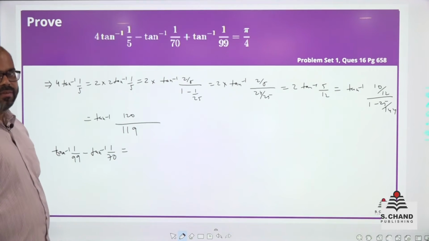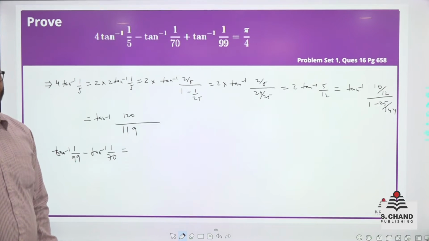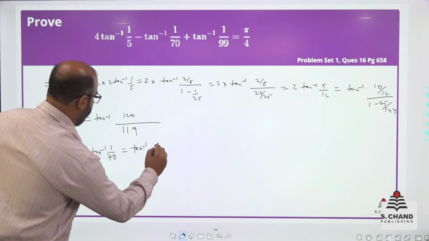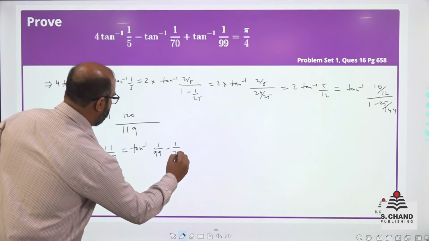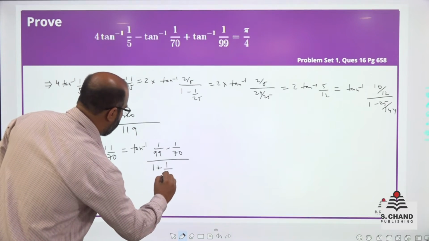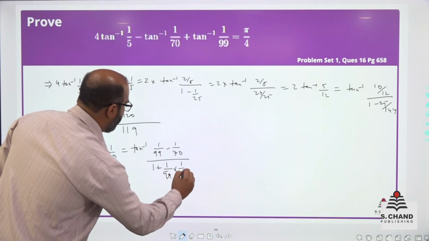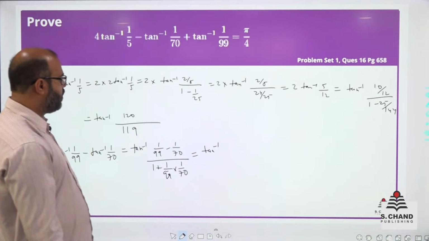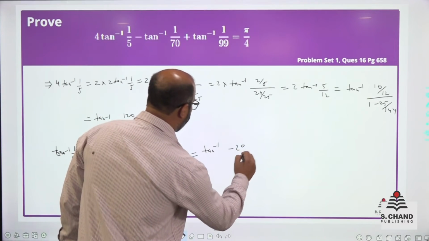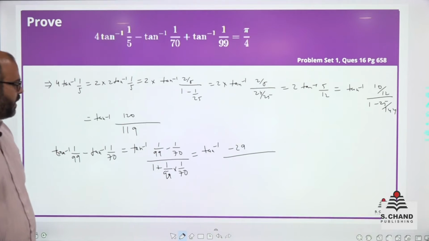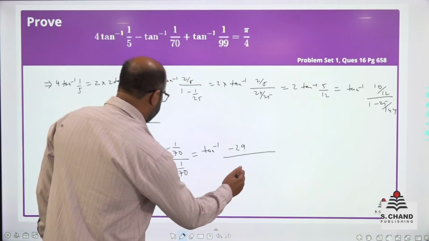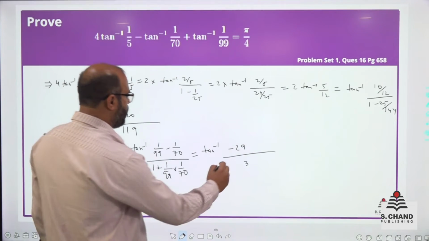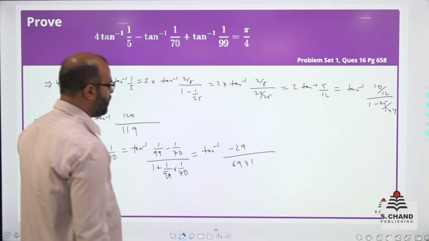So this time it is tan inverse x minus tan inverse y, which is tan inverse of (x minus y) by (1 plus xy). So tan inverse of (x minus y) by (1 plus x into y), which is tan inverse of (70 minus 99), that will be minus 29 upon 99 into 70, that will become 9 7 63, 6 common, 63 and 6 69, 6930 plus 1 is 6931.